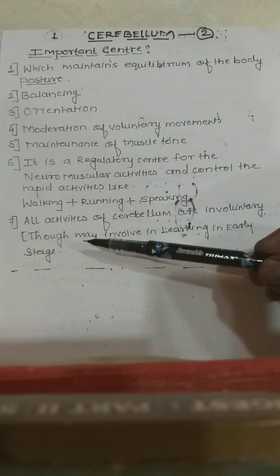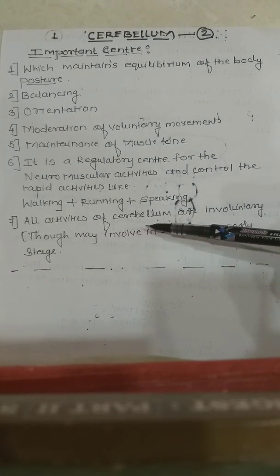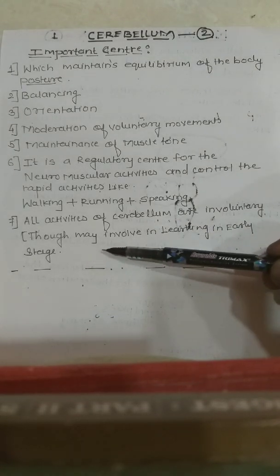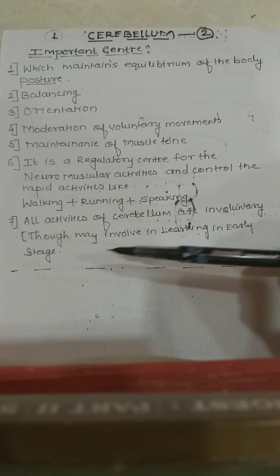If the question arises, all activities of the cerebellum are involuntary, though they may involve learning in the early stages, and the learning in the early stages is also carried out by the cerebellum.